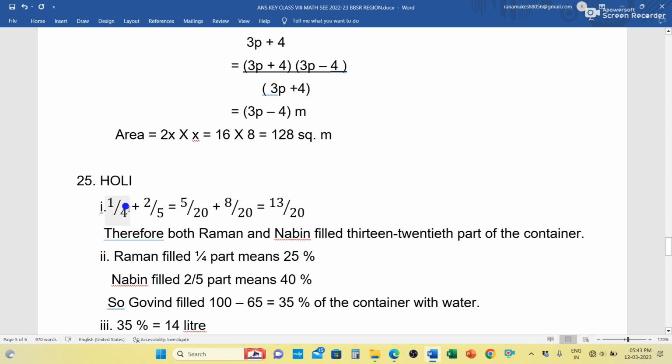So the equivalent fraction of 1/4 is 5/20. Like that, the equivalent fraction of 2/5 having denominator 20 will be 8/20. Now you can add easily: 5/20 plus 8/20 equals 13/20. Therefore both Raman and Navin filled 13/20th part of the container.